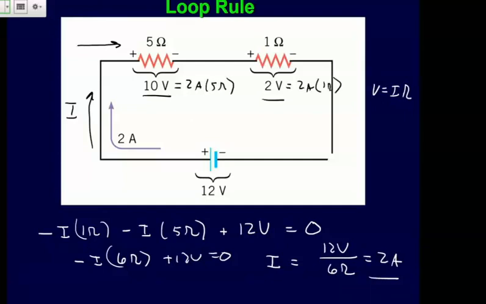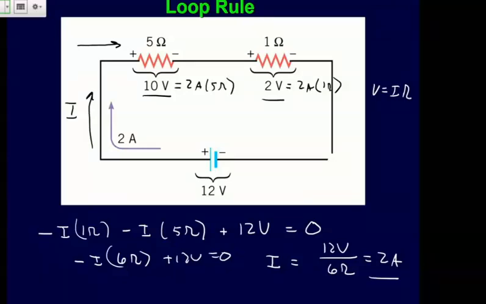And so again, if we do our Kirchhoff loop law, I start here, I start from negative and get to positive, so I go up 12 volts. I come over here, start at positive, go to negative, so I go down 10 volts. Over here, I start at 0, go down 2 volts, and I'm back where I started from. So I went up 12 and went down 12.